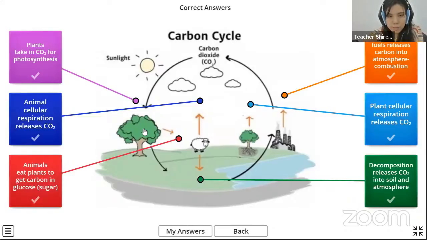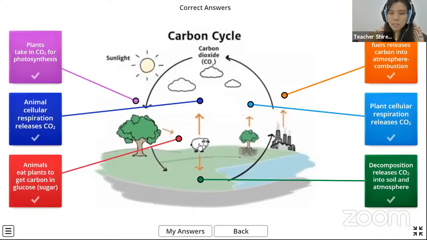The animals would eat, or the leaf would drop and become decomposed. So the animals will eat or they decompose. Animals eat the plants to get carbon, glucose. Then what happens to the animal? If the animal dies, it becomes decomposition, which is the word that we learned just now.